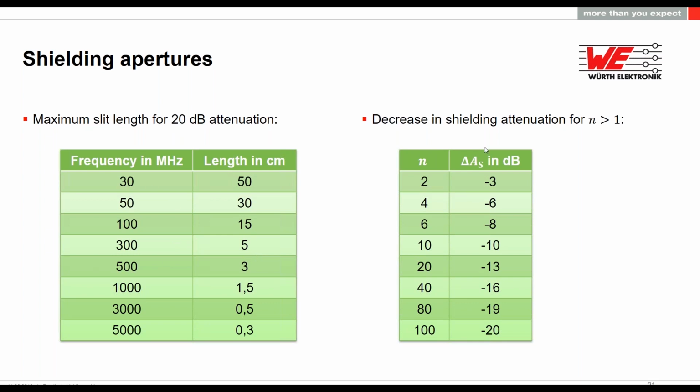You can see more. And here we have the relation we talked about, the number of holes. When we increase the number of holes, the shielding attenuation decreases. So if we have 2 holes, we have minus 3 dBs in attenuation. So our attenuation is worse, until about 80 holes, where we have minus 19.